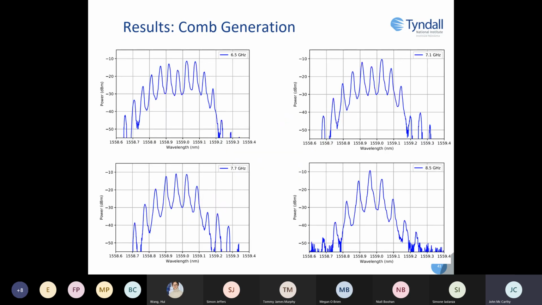So here are another few comb spectra and how they change with the increase in frequency. As you can see, it starts with 5.7 or 6.5 gigahertz, 7.1, 7.7, and 8.5. And what you can see is that as the frequency increases, the frequency spacing between the comb lines increases equivalently, but the quality of the comb degrades.